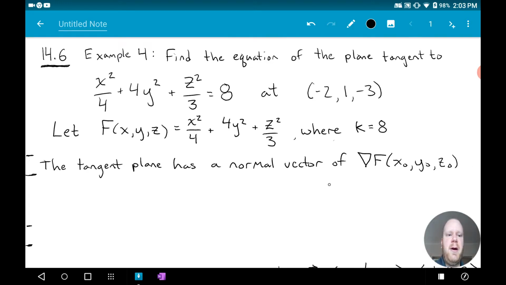So that point of tangency where the tangent plane touches this ellipsoid here.